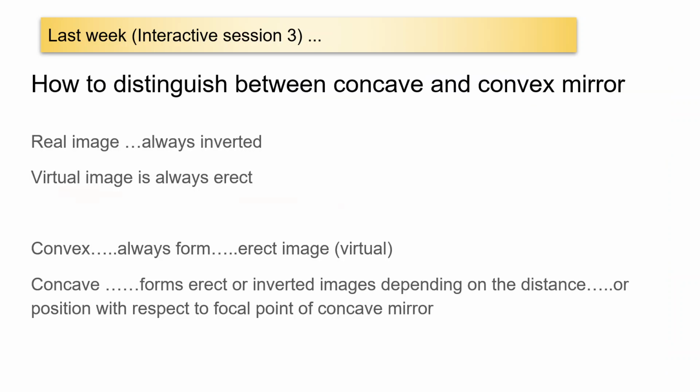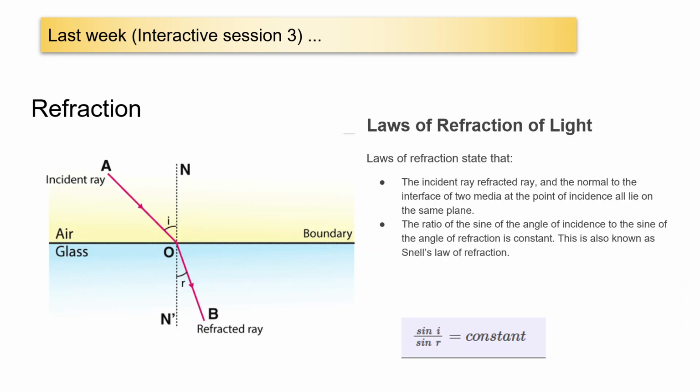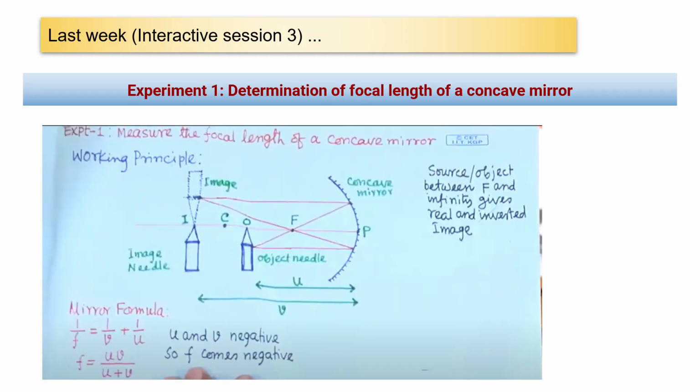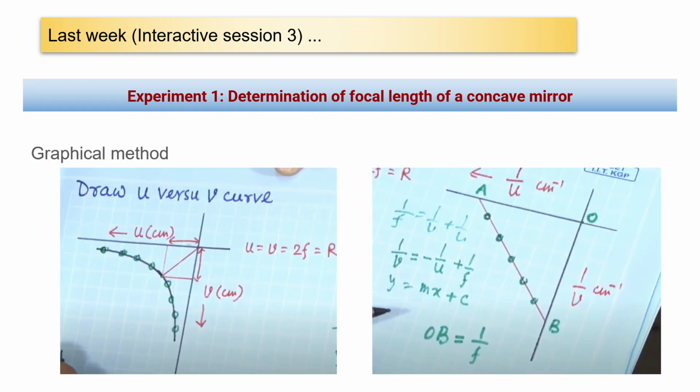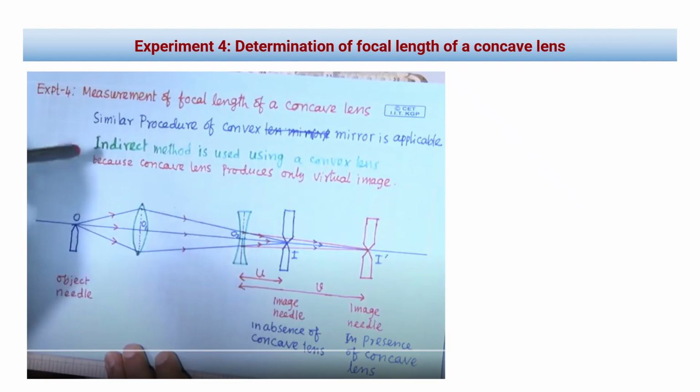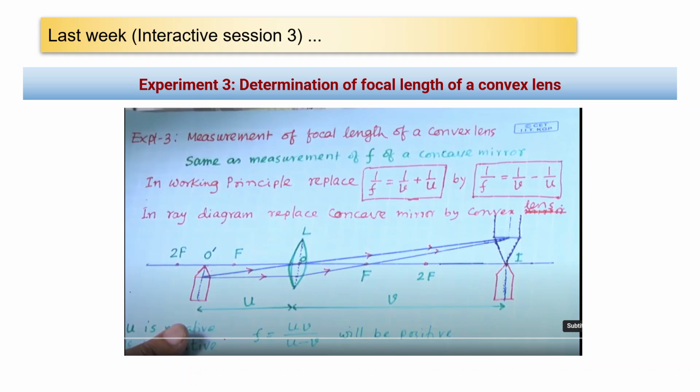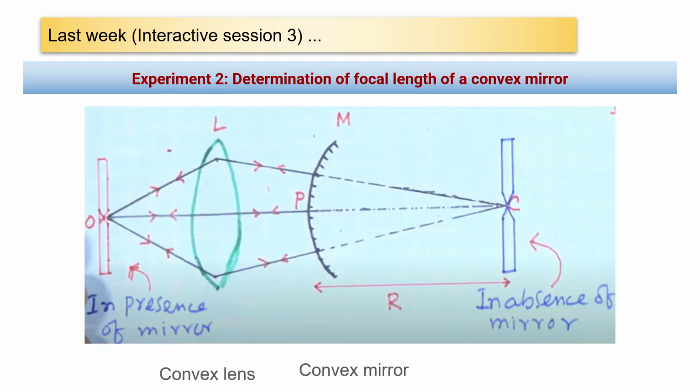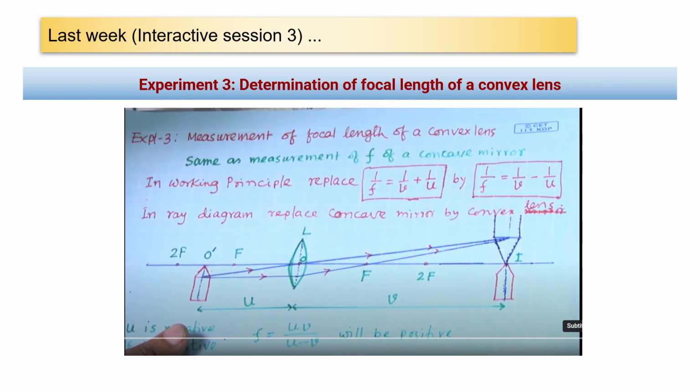After that we did the laws of refraction, and we also solved some questions based on the law of reflection and the law of refraction. Then we did the experiment where we had to determine the focal length of a concave mirror, a convex mirror, and a convex lens. So these were the three we did.